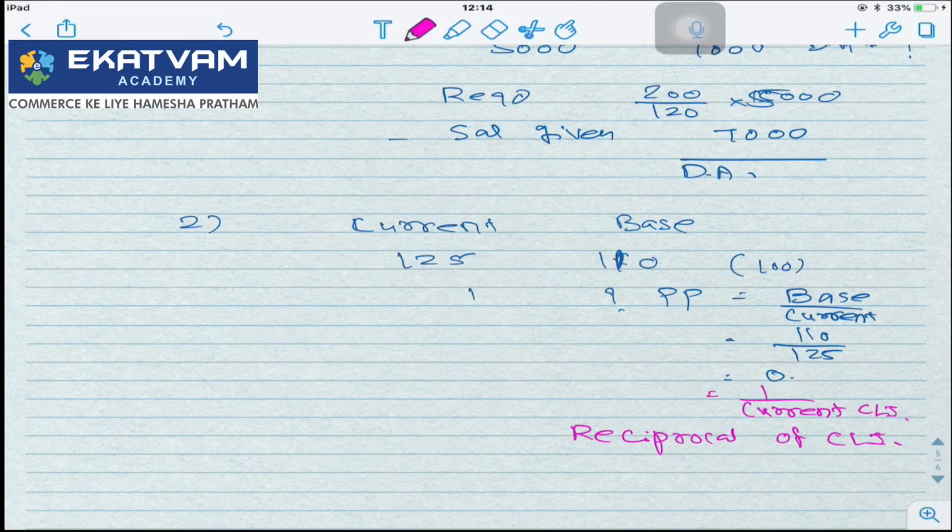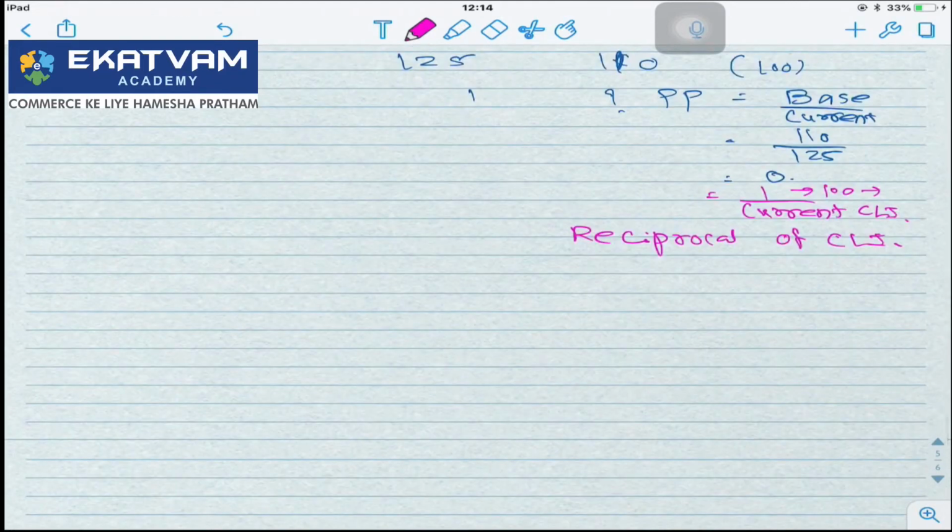Clear? Because this can be made 1, this can be made 100, it can be made anything, whatever is given, but therefore it becomes the reciprocal of the current CLI. Then remember, as the third point, in the current year whatever value you have is the actual value.